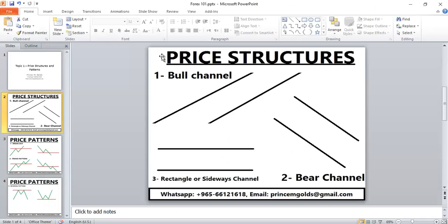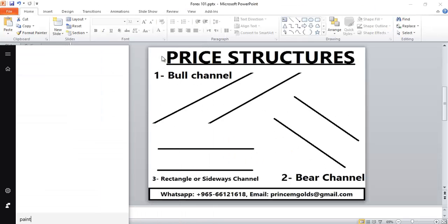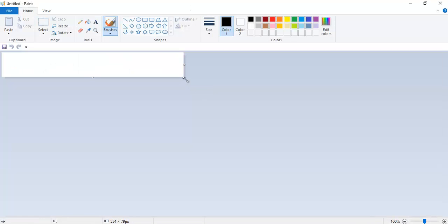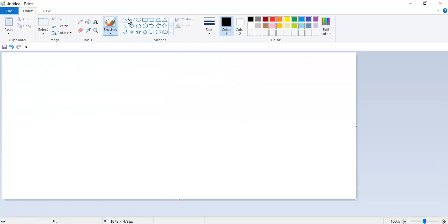What do I mean by it? Let me load Microsoft Paint. So we have a price that's moving upwards. You see the three tops, these are higher highs, and these lows that are coming behind, we call them higher lows.